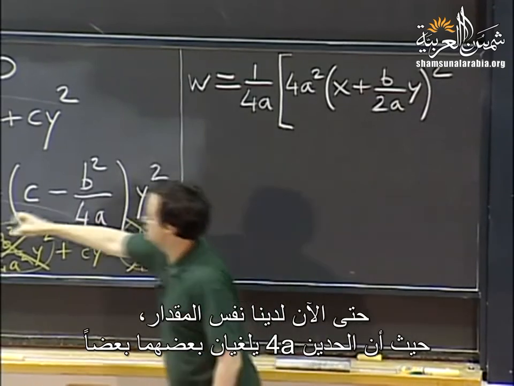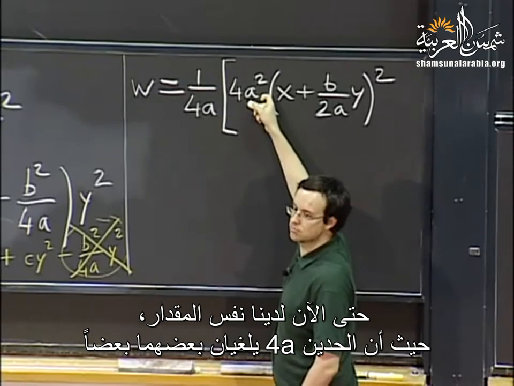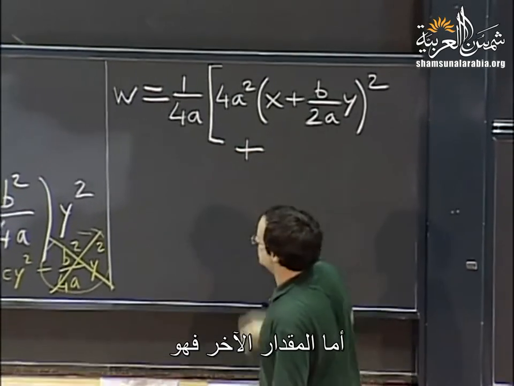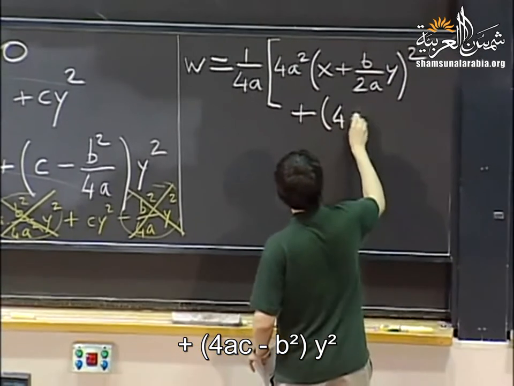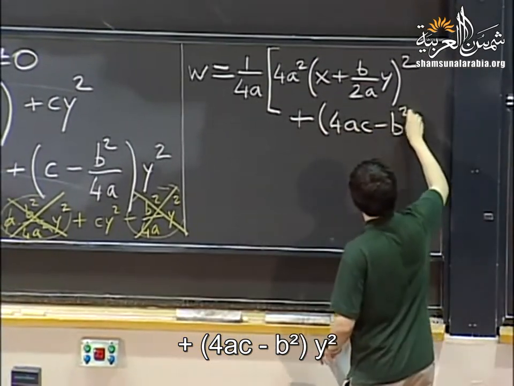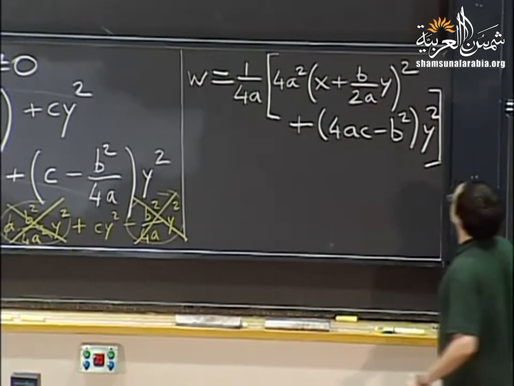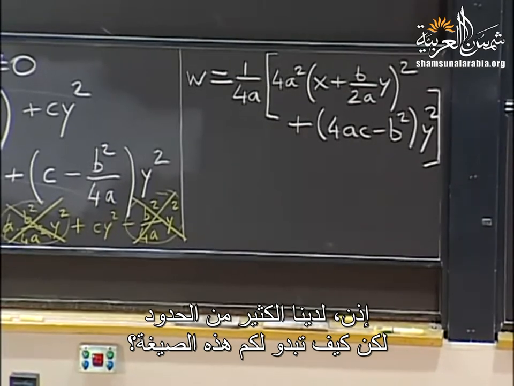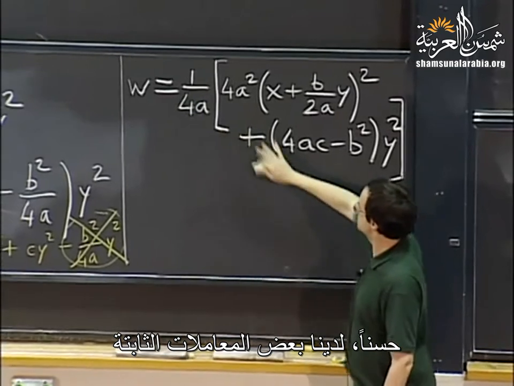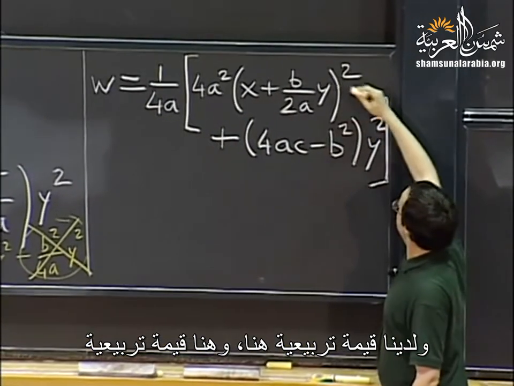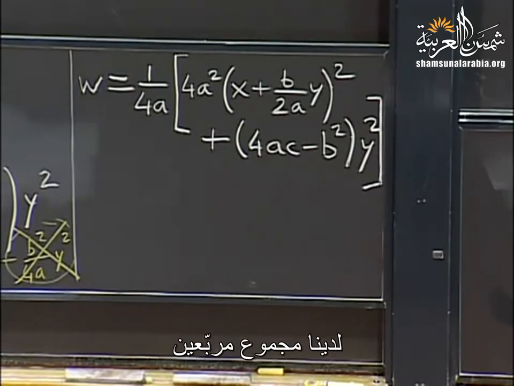So far I have the same thing as here. I just introduced a 4a that cancels out. Plus, for the other one, I'm just clearing the denominator. I end up with (4ac minus b squared) y squared. Okay, so that's a lot of terms. But what does it look like? Well, we have some constant factors, and here we have a square, and here we have a square. So basically we've written this as a sum of two squares.